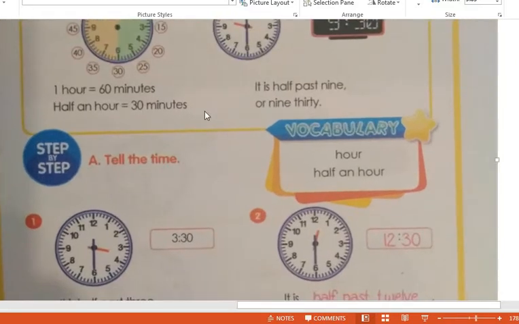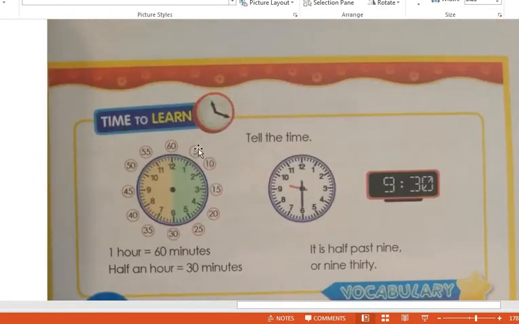Every small line counts here a minute. So if I count those minutes, 1, 2, 3, 4, 5. So 1 is 5 minutes. When I reach the number 1, it's 5 minutes.